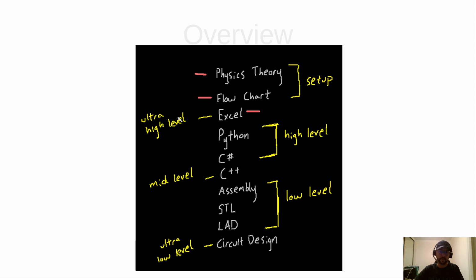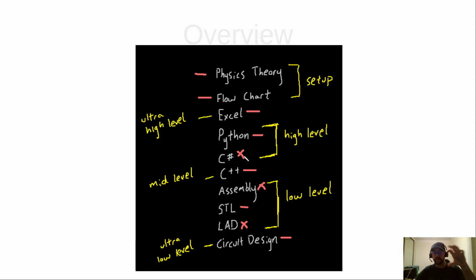Then Python, then C Sharp, which I'm actually going to skip. Then C++, assembly I'm also going to skip. STL, ladder logic I'm also going to skip, and circuit design, which I'm calling ultra low level because once again, it's technically not a programming language, but I think that the similarities are profound, and there are some key differences as well.